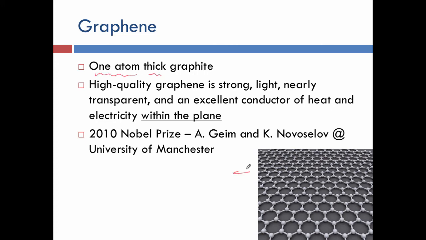This is a picture of it, and you can see that we have the carbon atoms all connected to each other with covalent bonds in this hexagonal lattice, and it's just one layer thick. Why is it really exciting? Well, first of all, it's mechanically very strong. Secondly, it's also very light for its strength, and it's nearly transparent. And then the kicker is that it's an excellent conductor of heat within the plane. So all this together make it a very exciting nanoscale material.